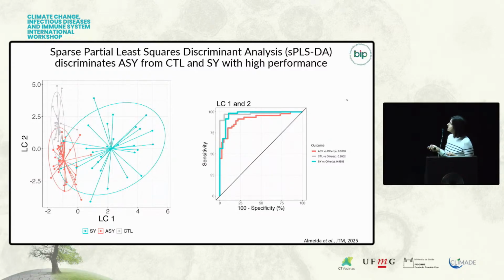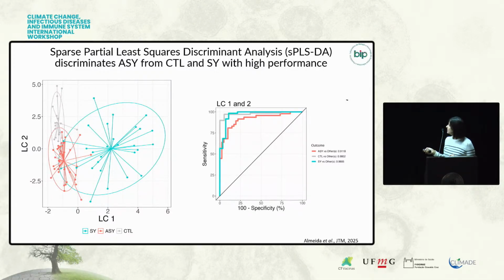So we did this sparse partial least squares discriminant analysis, and this represents all the markers, all the molecules that we analyzed, the 350 markers. We can see that latent component 1 can discriminate symptomatic from the other two groups, and latent component 2 can discriminate asymptomatic and controls.